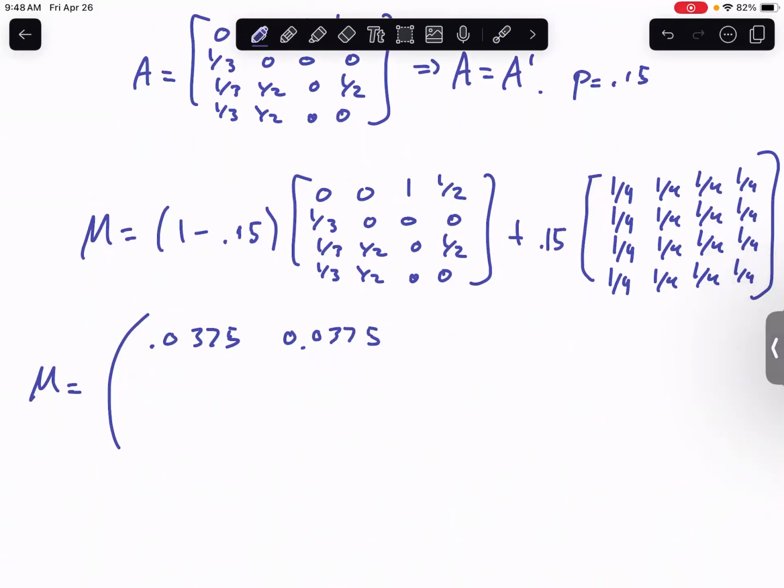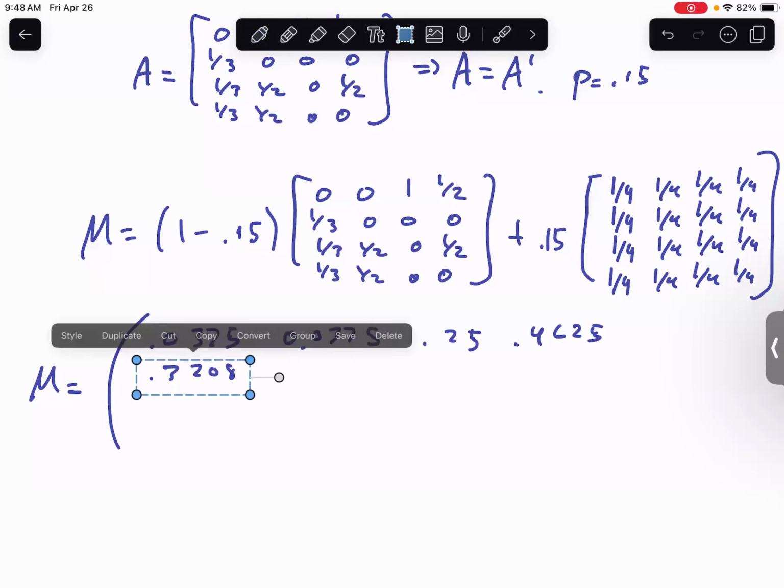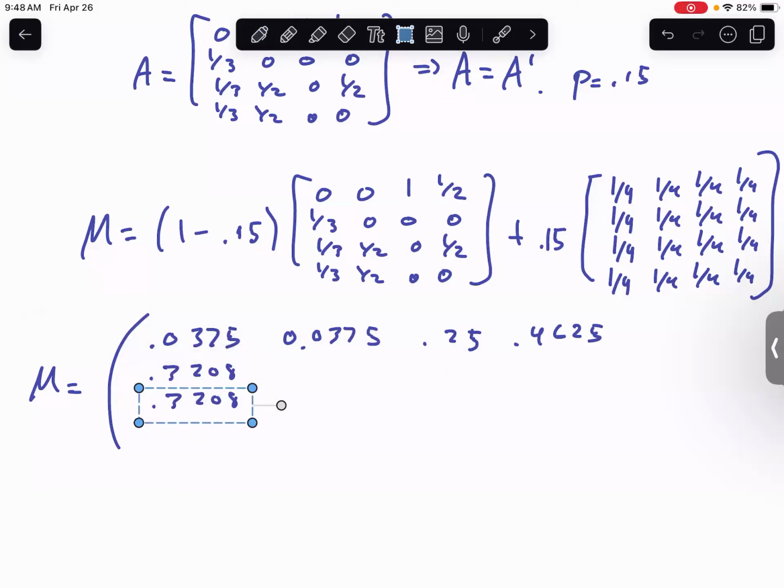Okay, and so what this ends up being equal to is the following. I don't know if I'm going to have enough time to cover this. And this will be 0.3208. I'm going to do a little bit of copying and pasting to make this go faster.